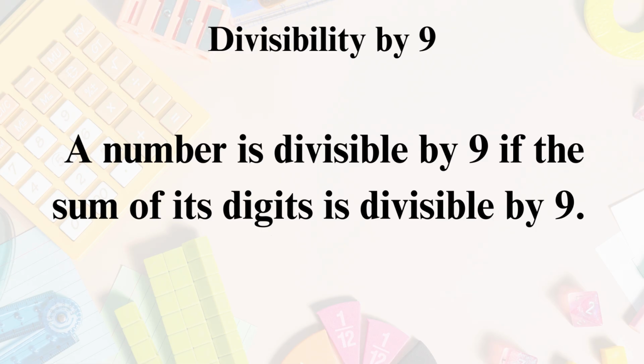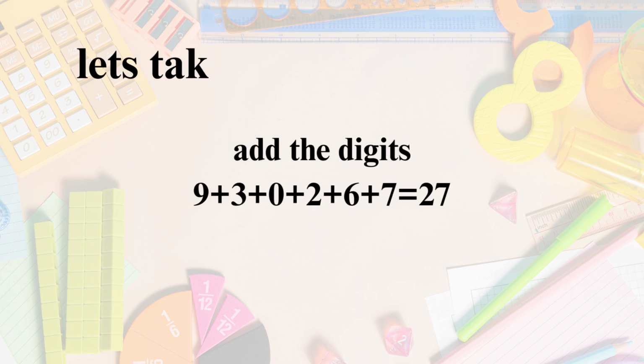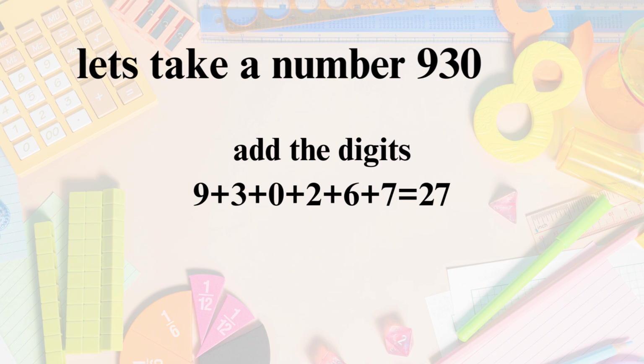Now the test of divisibility of 9 is more or less the same as that of the test of divisibility of 3. Over here also you need to add all the digits. If the sum is divisible by 9, that means the whole number is divisible by 9. Let's see an example, say 930267.